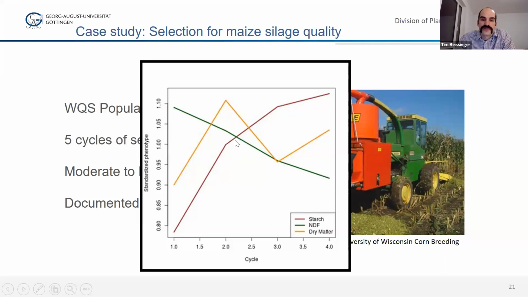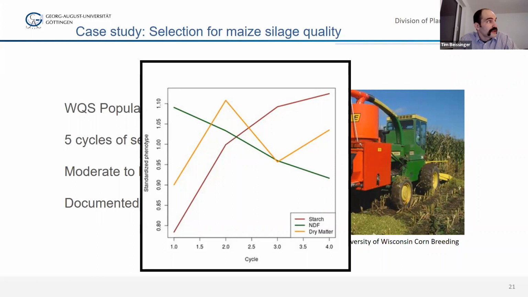And you can see neutral detergent fiber decreased consistently over the course of the experiment. This high neutral detergent fiber is associated with less digestible maize, so this was expected. And then the last trait is dry matter, which was not a part of the selection program. So it's expected that there was no trend for dry matter to increase or decrease during the selection regime.